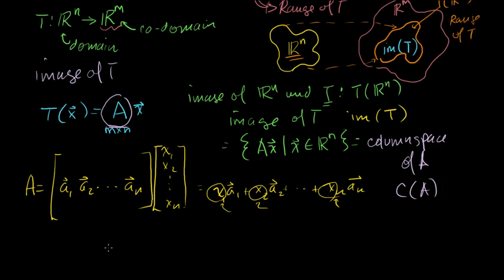And the column space, of course, is the span of all the column vectors of your matrix. Right? This is just all of the linear combinations, or the span of all of your column vectors, which we do right here. Anyway, hope you found that a little interesting, and we'll be able to use these results in the future.